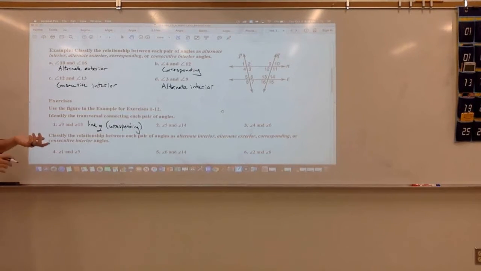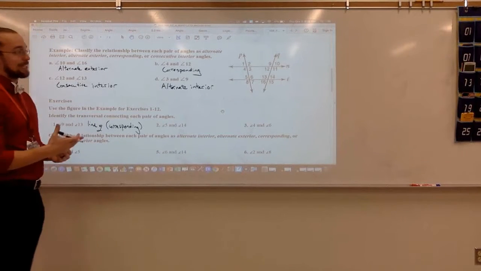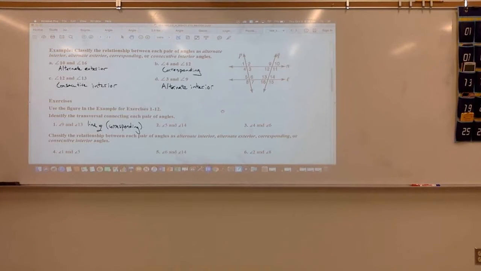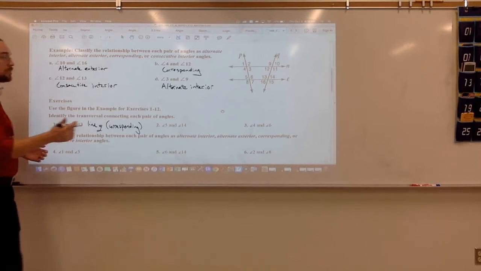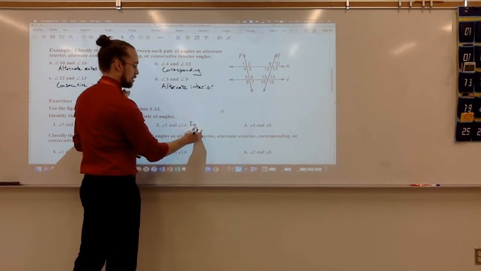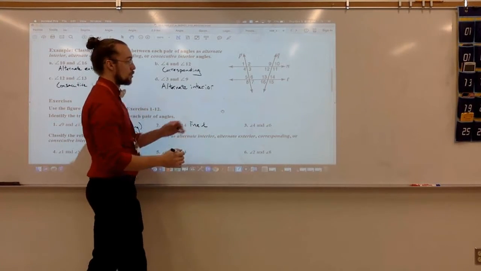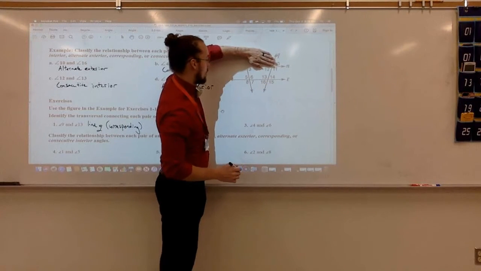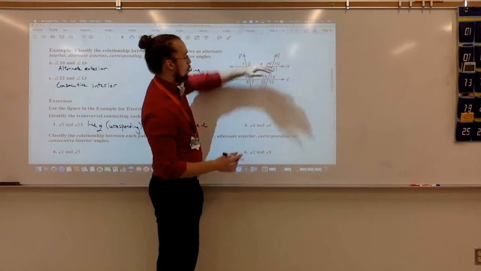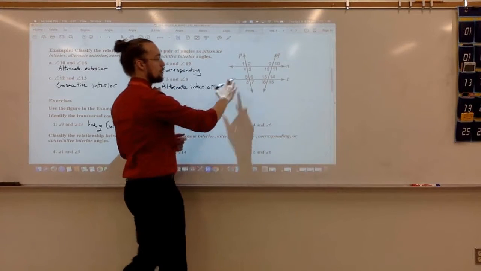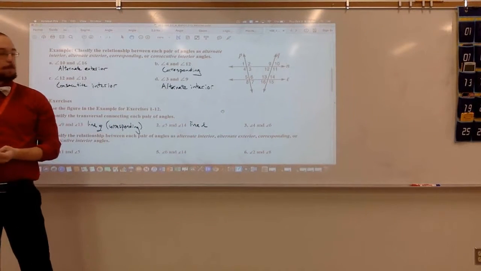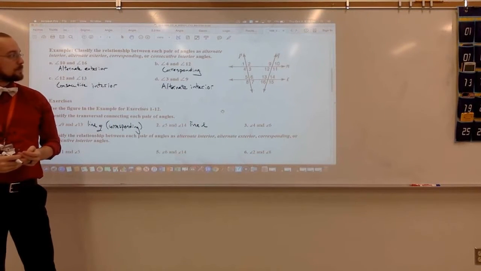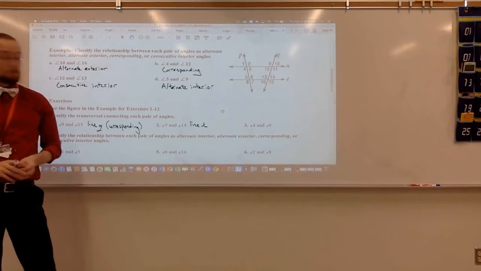So how about number 2? What's the transversal connecting 5 and 14? Line L. So that means I can cover up the top half of the diagram, right? So what would the relationship between 5 and 14 be? I guess this is the one that we didn't cover.